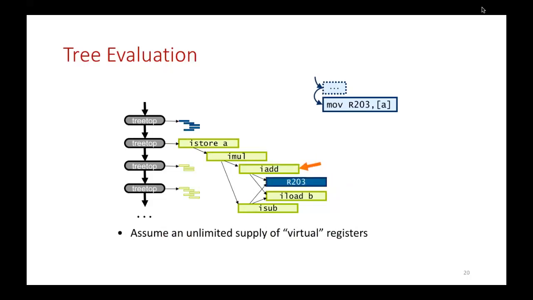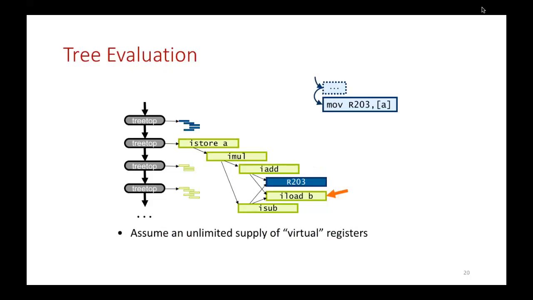Since the result is stored into register 203, we can set register 203 on that node. Anytime in the future you look at that node, you can ask whether a virtual register has been assigned to it yet. If yes, you know you've evaluated that node in the past, and you can just use the value stored in that virtual register. If not, this is the first time we have to assign one.